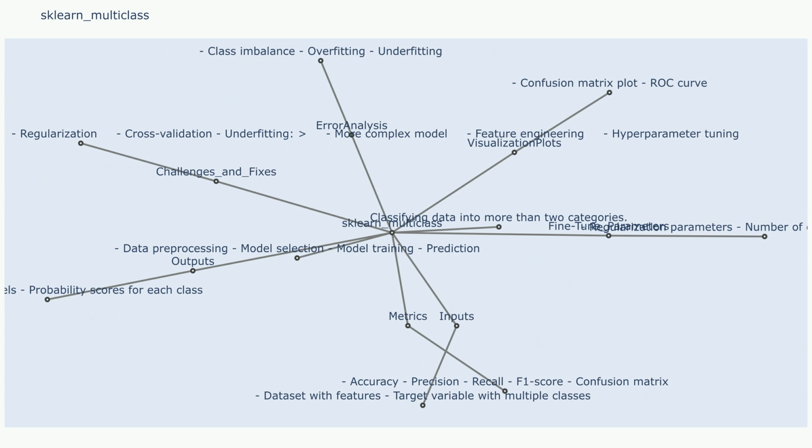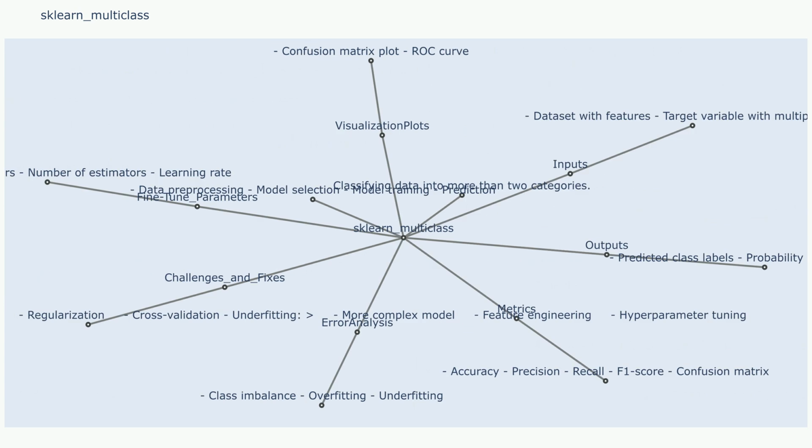Model training: the chosen model is trained on the prepared data, aiming to learn the relationship between the features and the target class labels. This process involves finding optimal model parameters that minimize the difference between predicted and actual labels.